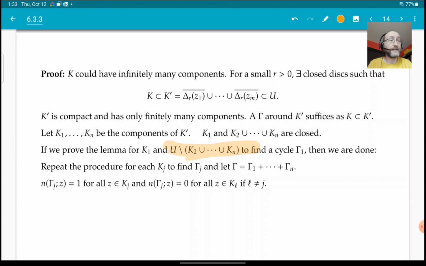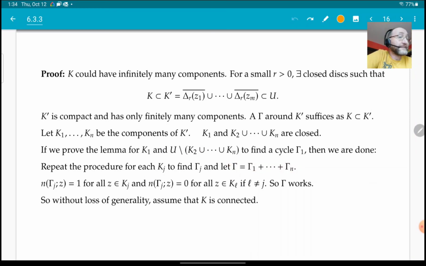I call it KL, right? So if L is not equal to J, then gamma j does not wind around any point in KL, right? So that means that this sum does the right thing, right? It only winds around whatever point in some Kj. It only winds around it once because only one of these gammas, the gamma j, winds around it, and all the other ones don't. Right, so this gamma works.